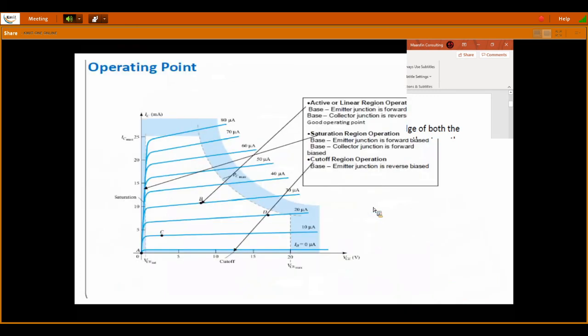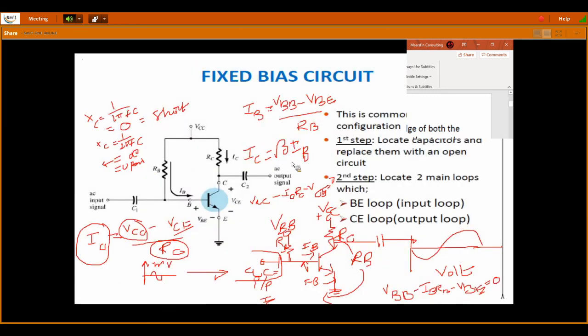Now the thing in fixed biasing is that, in order to bias your circuit, we used DC voltages. One for the base to emitter junction, and another at the output, for the collector to base junction, in order to reverse bias it, that VCC. So we used two DC supplies.